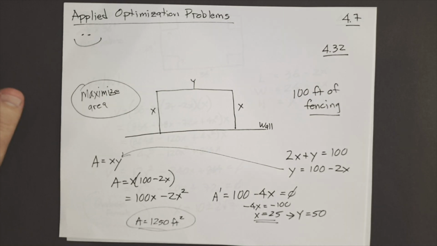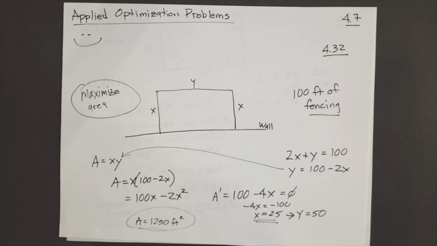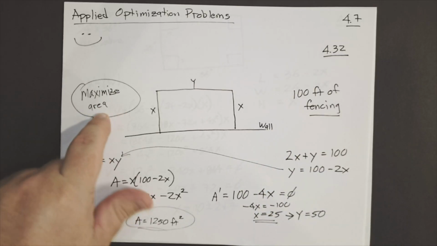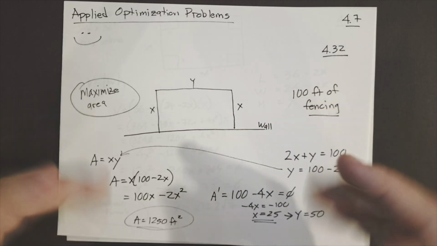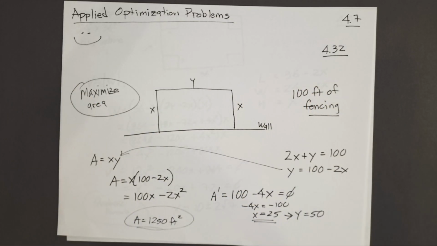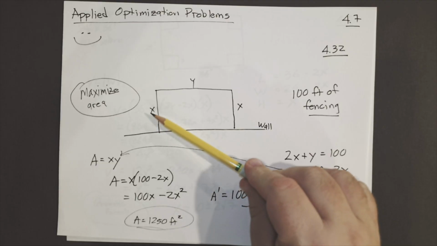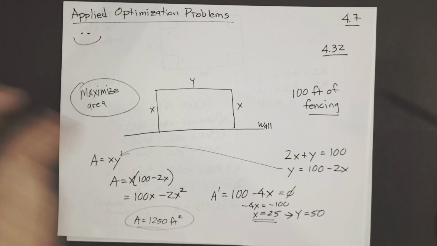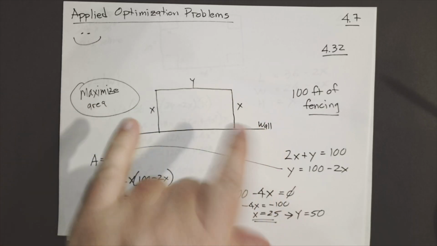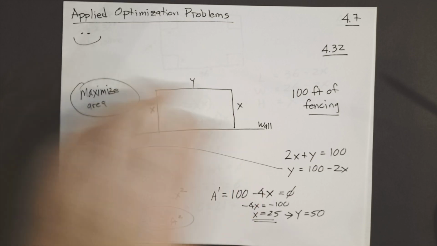So in this case, this is our constraint, that we only have 100 feet of fencing. And what we want to maximize is the area. So we're going to figure out these two things via a picture or a diagram. I've gone ahead and drawn a picture here for you, and I've labeled the width as X and the length as Y. Given that structure, we can take these variables and plug them into both of these things.